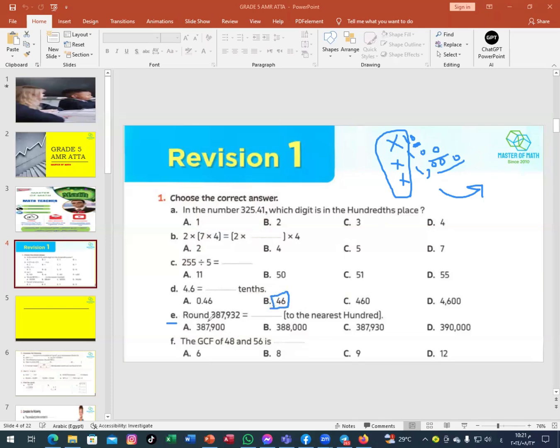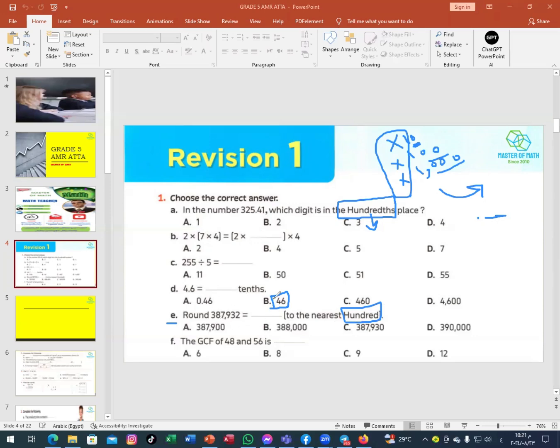Round 387,932 to the nearest hundred. Hundred, not hundredths. We have to know the difference between hundredths and hundred. Hundredths is in the decimal place, but hundred is left of the decimal.